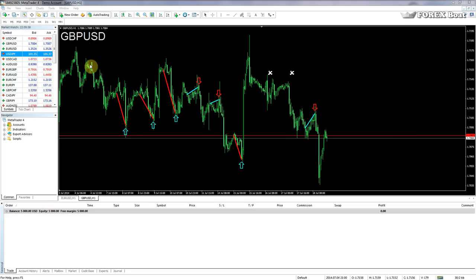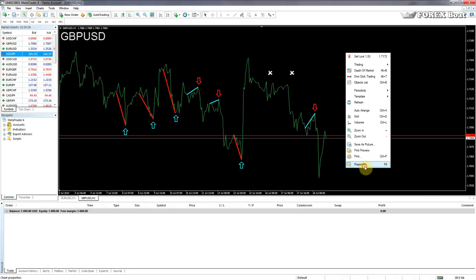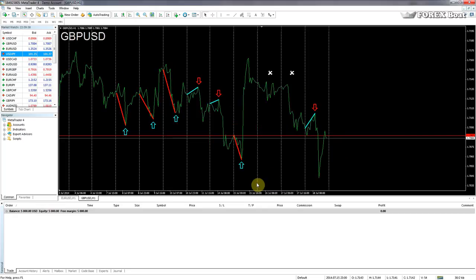So here you see the British pound dollar chart and some highlights that I've already made. And they might not make sense right away, but watch how this changes in less than a minute as I just adjust the chart a little bit. So first of all, we're going to change the chart to a line graph. And then I'm going to go into properties and add the period separators, just like we did in the previous tutorial.